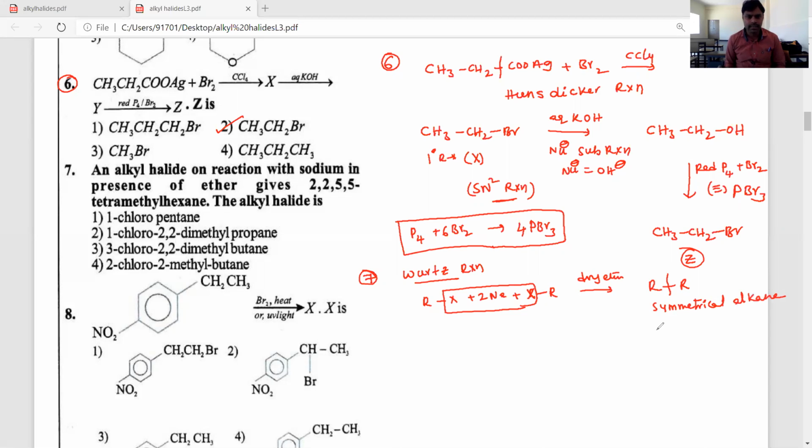So based on this application, the product is given, and first we need to identify the alkyl halide. The product is 2,2,5,5-tetramethylhexane. Hexane means 6 carbon atoms: 1, 2, 3, 4, 5 and 6. On the second carbon, 2 methyls are present, and on the 5th carbon also 2 methyls are present.